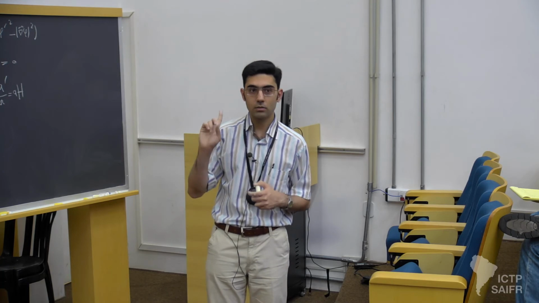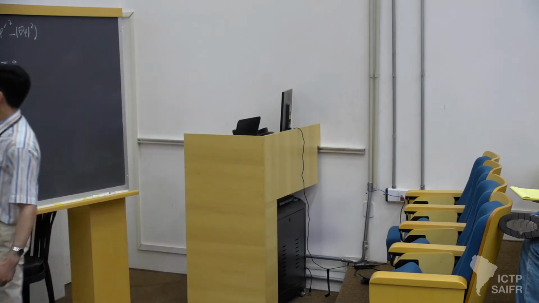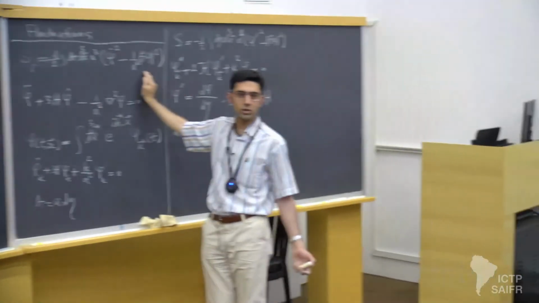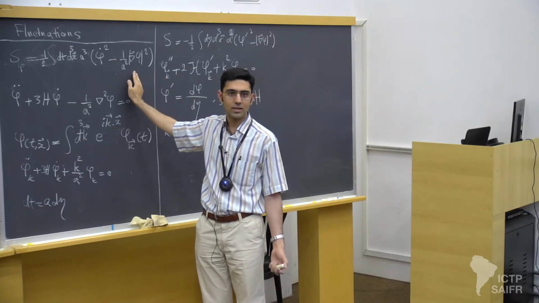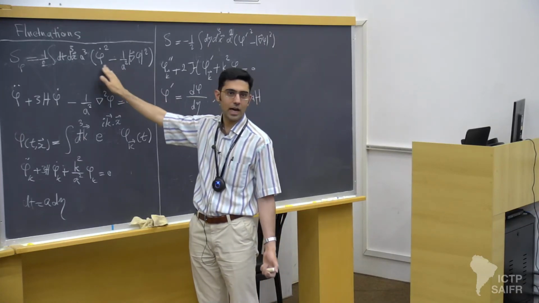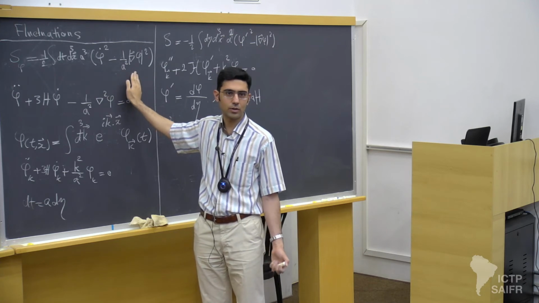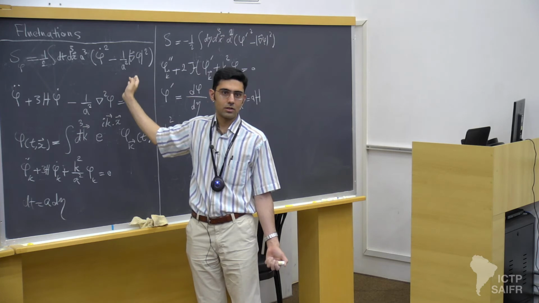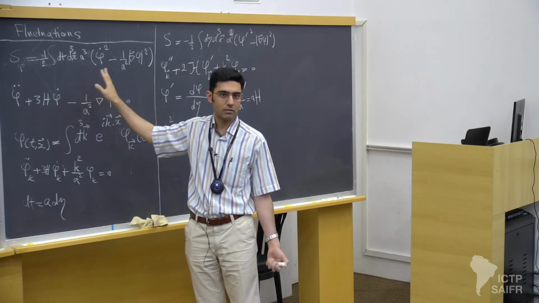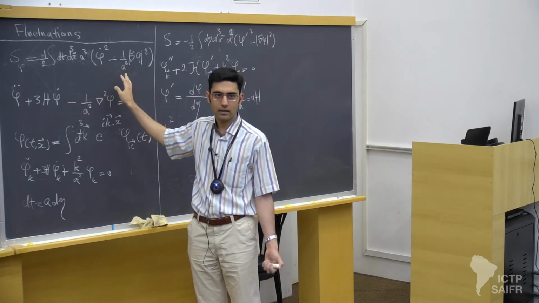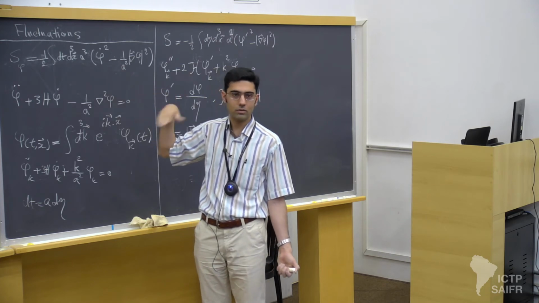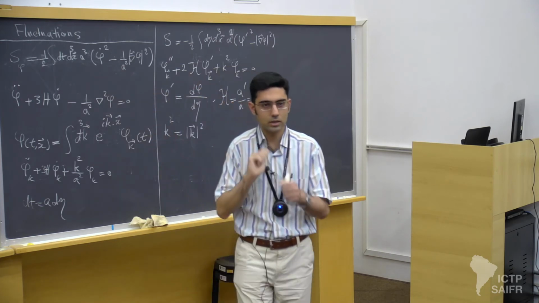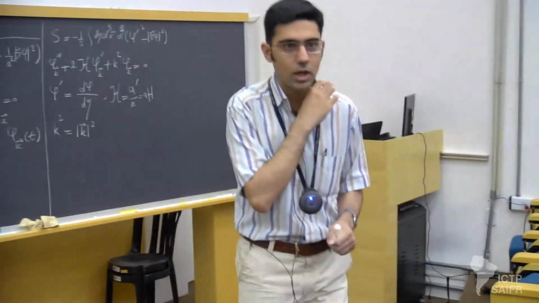But you should remember that this part of the story wouldn't change much because this is already quadratic in fluctuation. So if I want to study linearized perturbations, there might be metric fluctuations somewhere else, but it doesn't matter here. If I had some background solution, then they would mix with each other and there would be some complications. It's just because I thought this phi is the background plus the fluctuation.